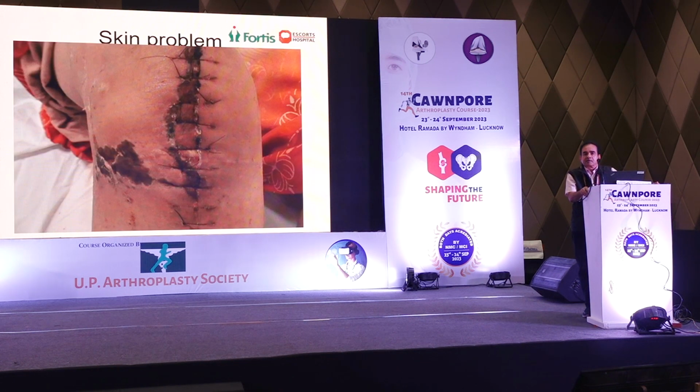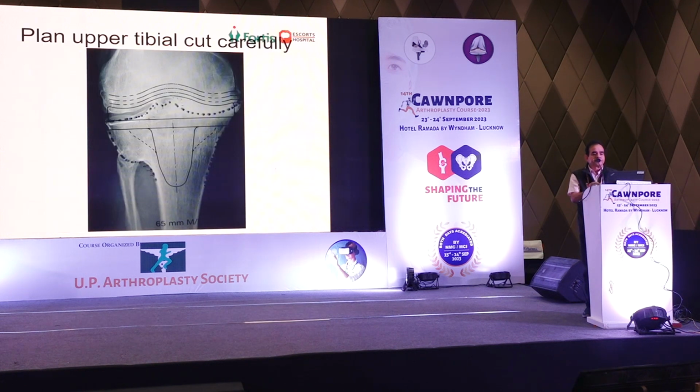You can see, this was my own case, there was some superficial necrosis. Fortunately, I got away, but you have to be careful with the skin incision. Next very important thing is, as you can see, the upper tibia is deformed. So always template it properly. You have to see whether your tibial component is going to sit properly or not. If not, what can we do?